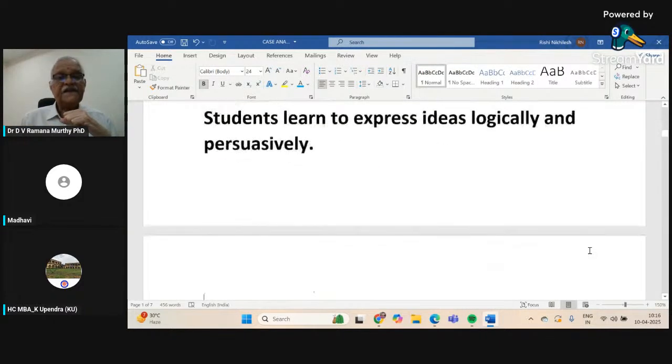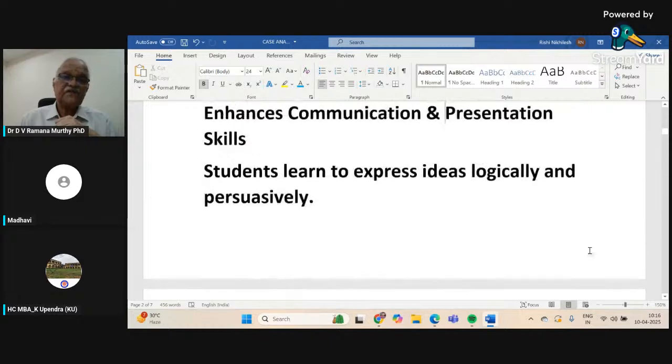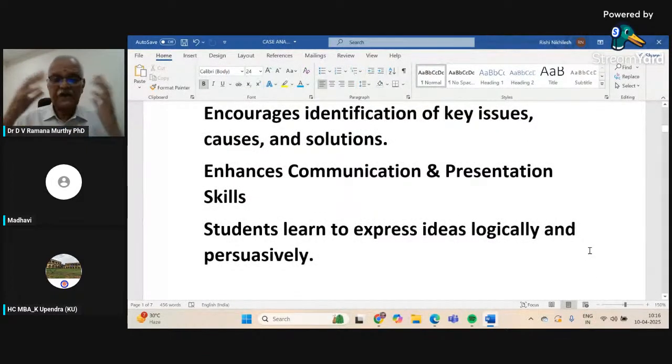Another aspect, of course, I need not overemphasize. When you're analyzing the case and presenting, your presentation skills also improve. You must grab the opportunity to present your skill. In the examination, it is your written communication skill: how you analyze the problem, how you present it, how differently you view the problem.